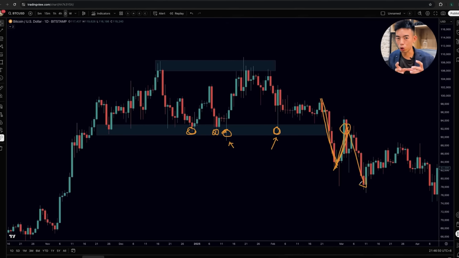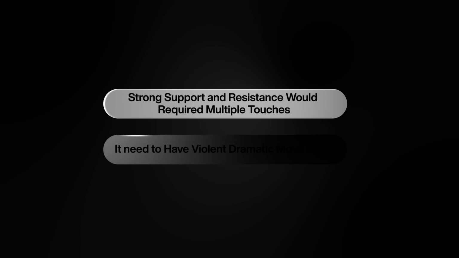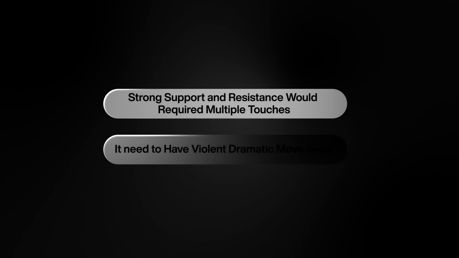Now, this same idea can also be applicable when you're in a trending market. Remember the hack that I was saying earlier, the two main things. Number one, a strong support resistance would require multiple touches. And then number two, it needs to have a violent, dramatic move away. So what we just talked about is the one where there are multiple touches forming a range with a breakout.